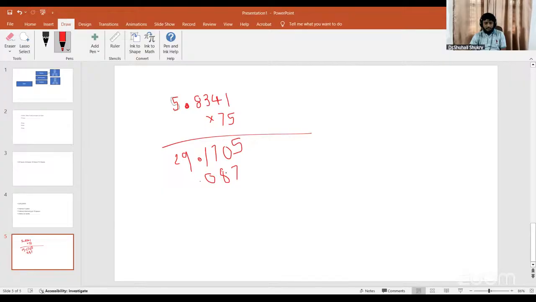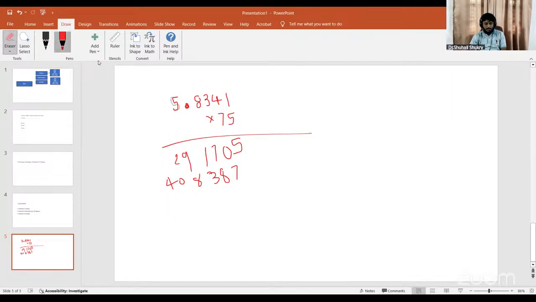Then once again 7 into 1, 7. 7 into 4, 28. 7 into 3, 21, 23 here. 7 into 8, 56, 58. 7 into 5, 35 and 40. Right, here don't put a decimal point.